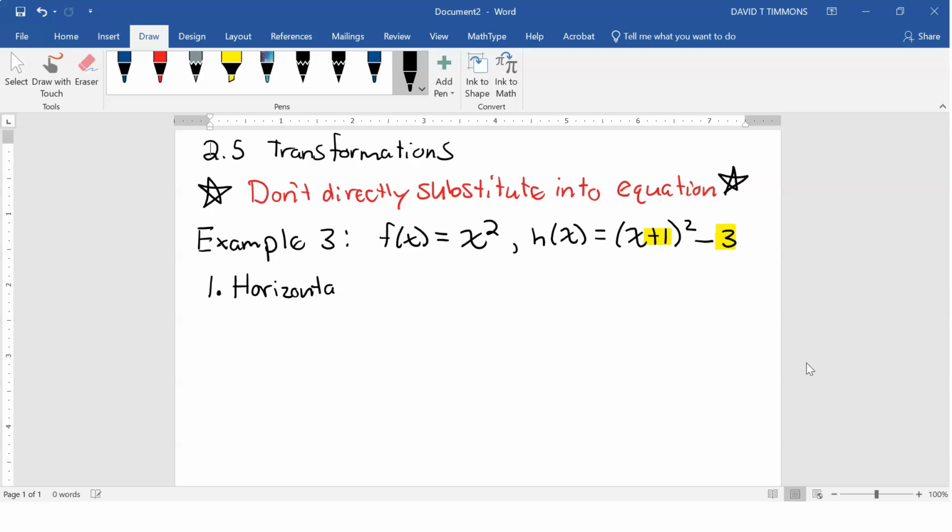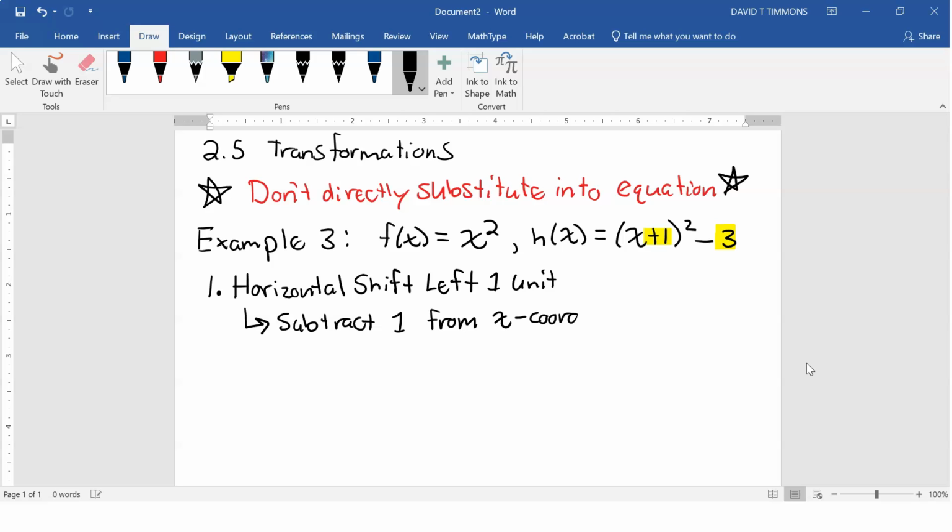So we have a horizontal shift, but remember that plus really means we're going to the left, a horizontal shift of 1 unit. And so what's our algebraic manipulation? I want to subtract 1 from the x coordinates. So that's the first transformation you see, the x plus 1 in the square.